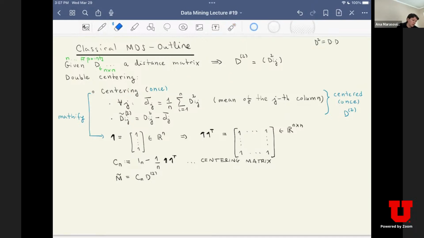And to make it just a little bit more consistent, I will actually call this Mij tilde without 2. So here we produce the matrix M tilde, and each element of that matrix is exactly this thing here, which can be obtained by this matrix multiplication of the centering matrix and the matrix we are trying to center, which is D2. Okay, so this is something we know.